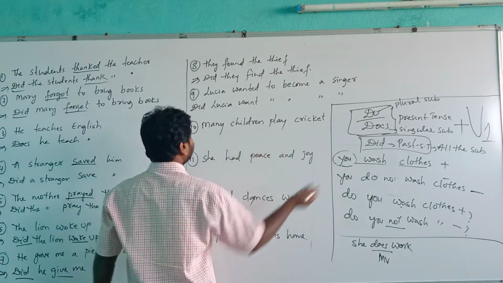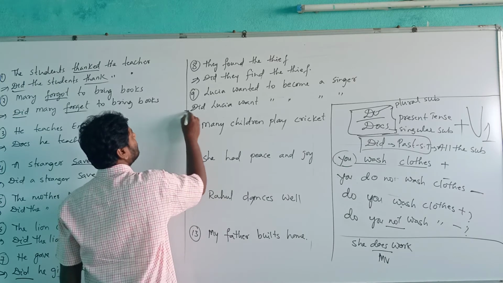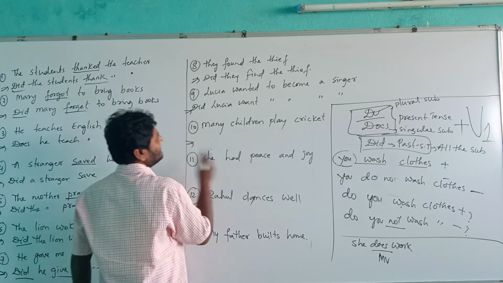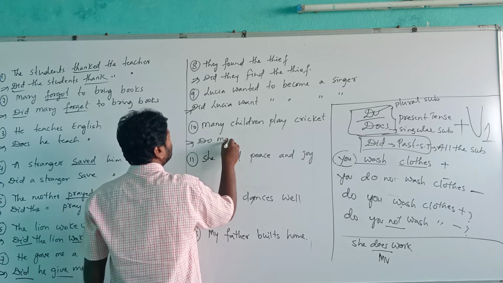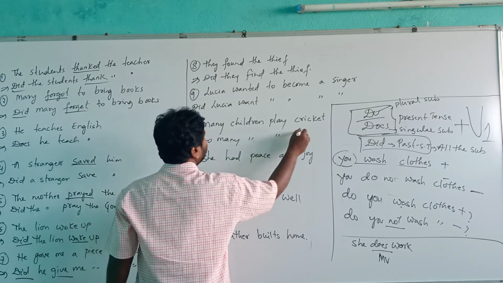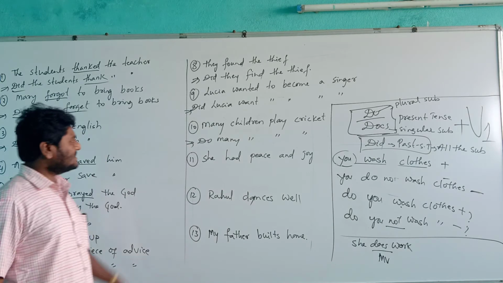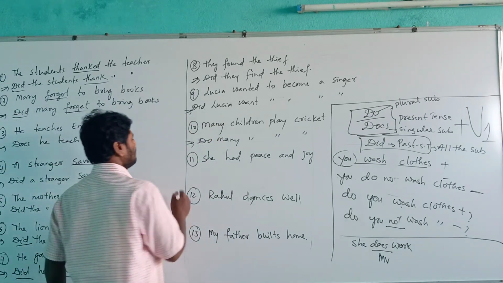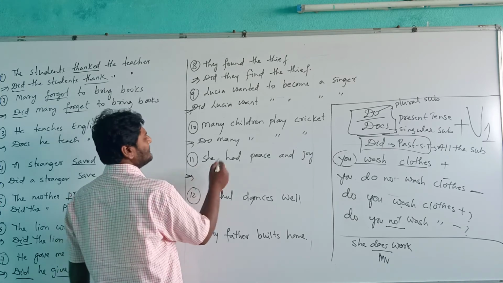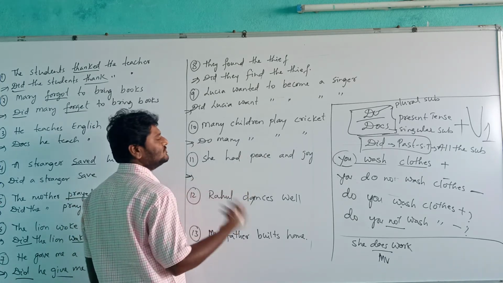Many children play cricket. It means what now? Do many children play cricket? Because many children play cricket is in the present simple tense. Next one. She had peace and joy.